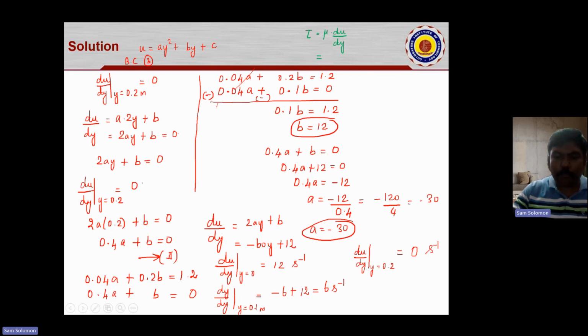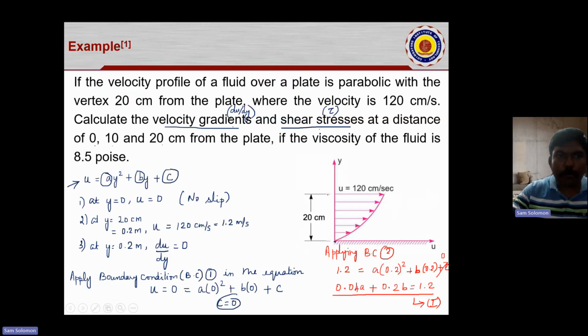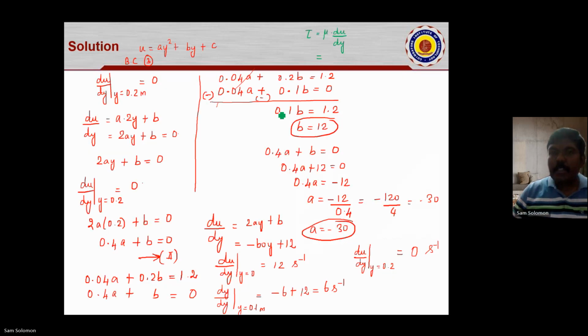The value of mu was 8.5 poise. If I convert it to Newton second per meter squared, I am going to divide it by 10. So that is 0.85 Newton second per meter squared. So this is going to be 0.85 multiplied by du by dy.